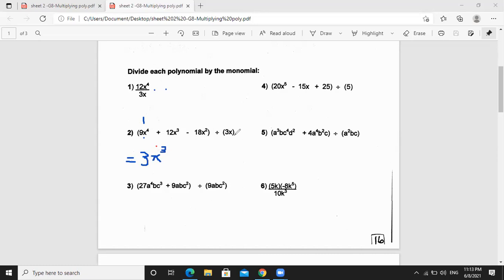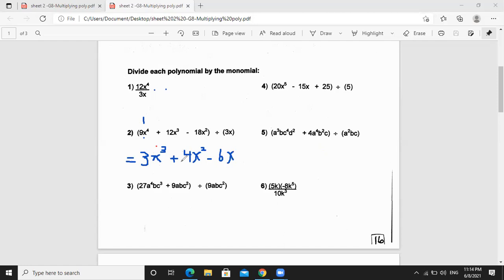Then 12 divided by 3 will be equal to 4x to the power of 2. And then negative 18 divided by 3 will be negative 6, and then we will subtract the exponent, so it will be equal to x. Then we will stop because we have unlike terms, so this is the final answer.